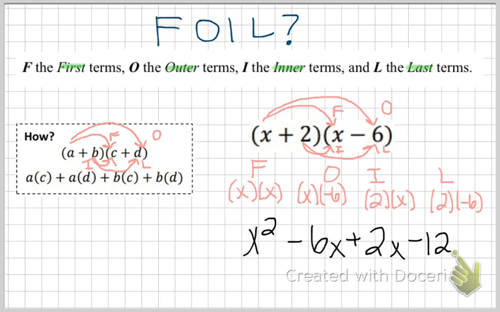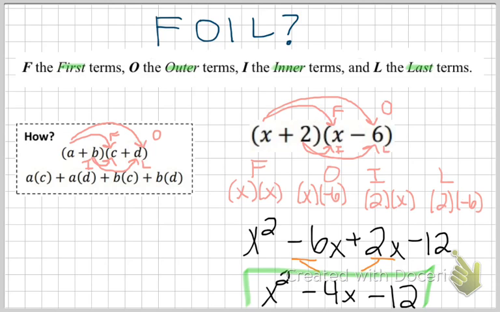Of course, we gotta stop and check, okay, is this my final answer, or can I combine anything? You can combine those two terms, and so we get our simplified answer of -4x is what we get out of those two. So bring down the x squared, bring down the -12, and this is our simplified answer.